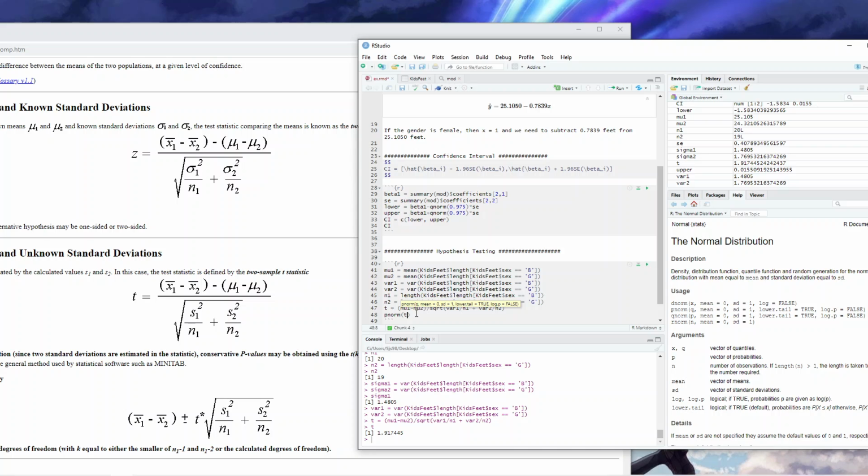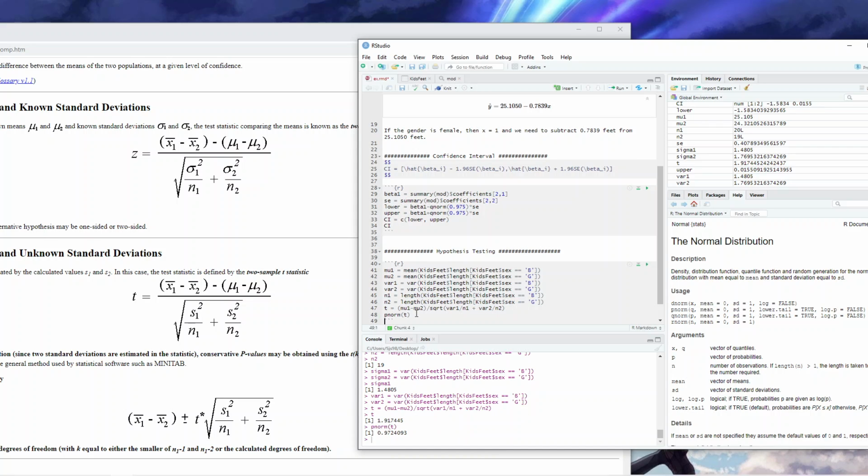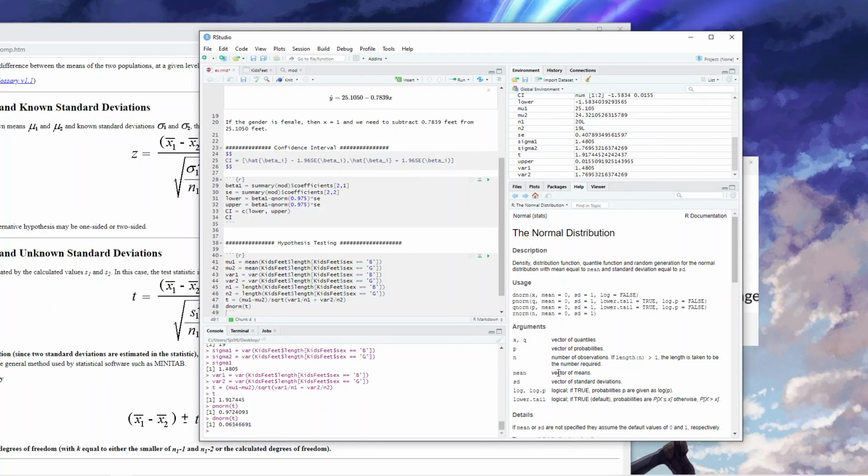T. Okay. So that's 95%. Give me one second. I need to make sure which one is the correct one.